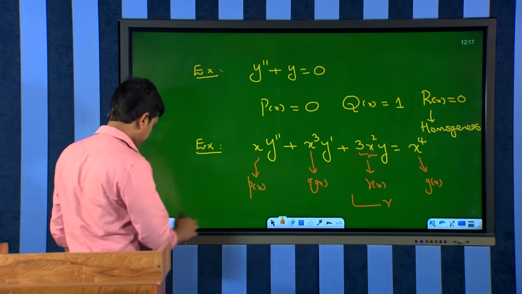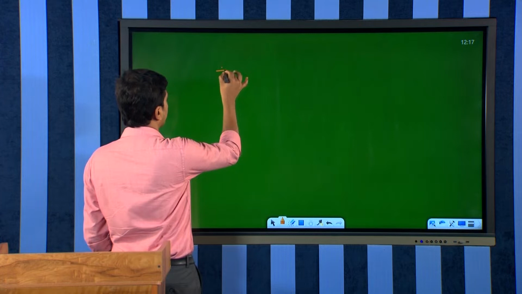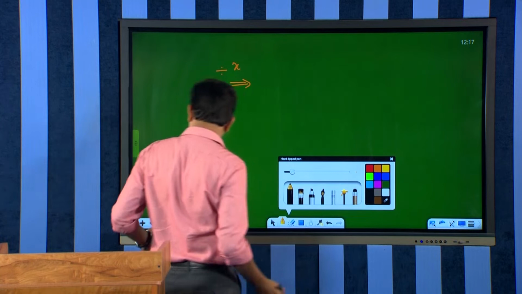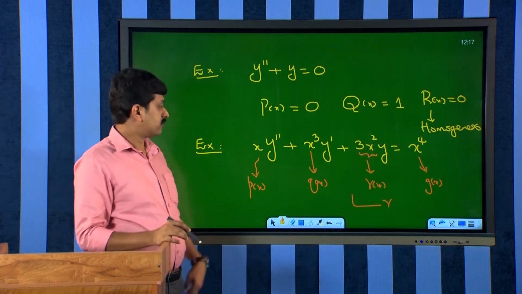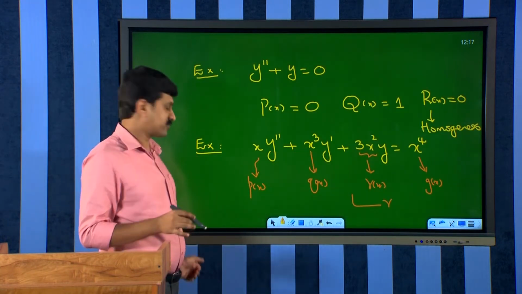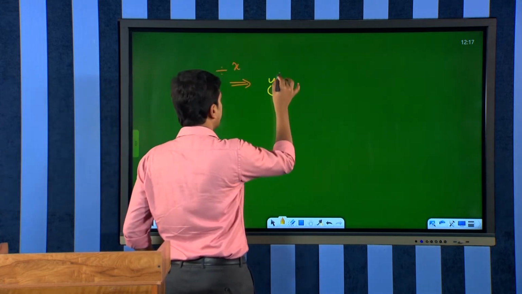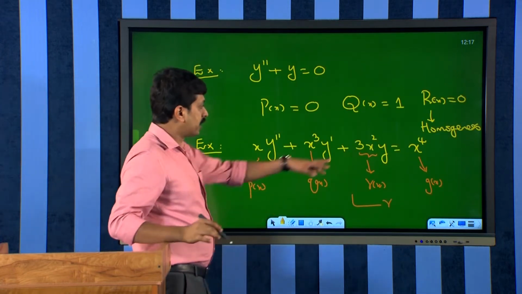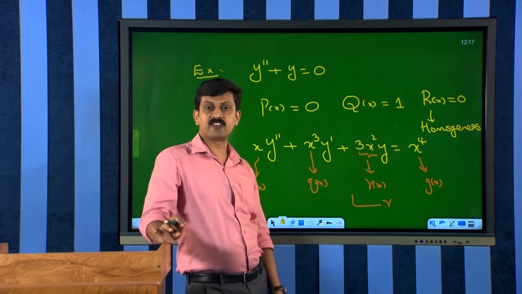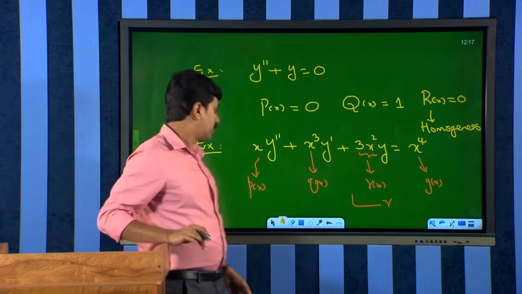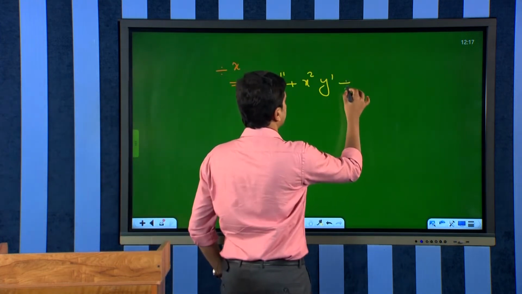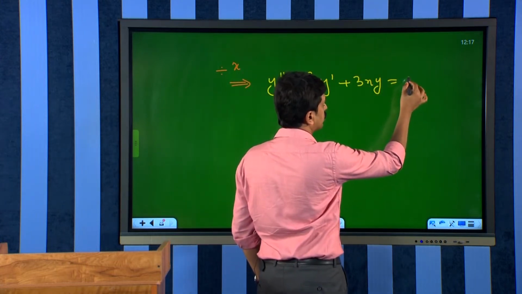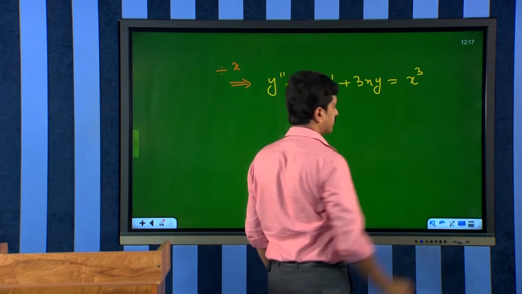While dividing by x, we will have y double dash plus x cube by x, that is x square, so y double dash plus x square y dash, and again we divide 3x square by x, therefore we have plus 3x y, is equal to the r of x, x raised to 4 by x, which is x cube.